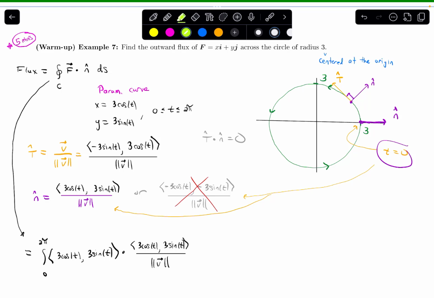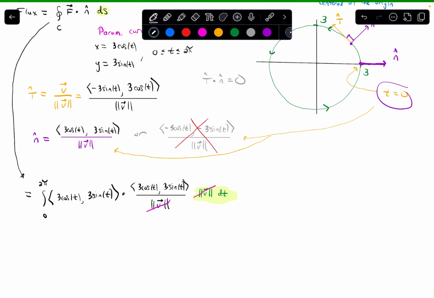And we still need that ds, which we've seen for line integrals. That just becomes the length of the velocity dt. And this is nice because the lengths of the velocities here cancel. Okay, so now I'm ready to do the dot product. So I've got this integral from 0 to 2 pi.